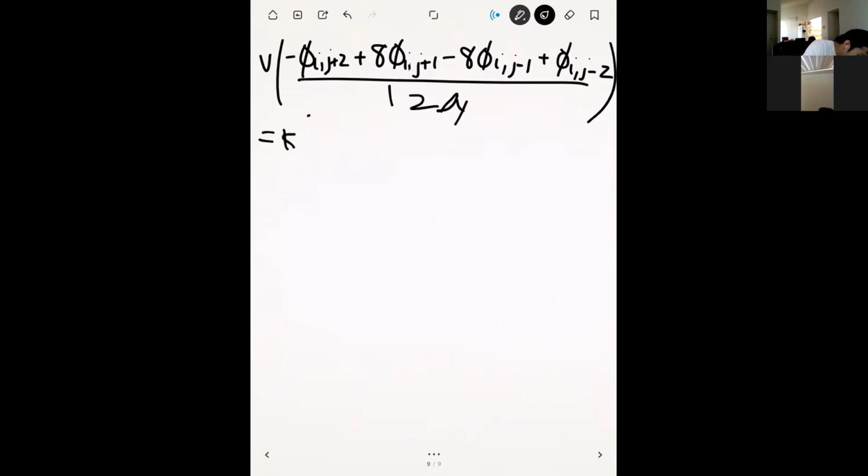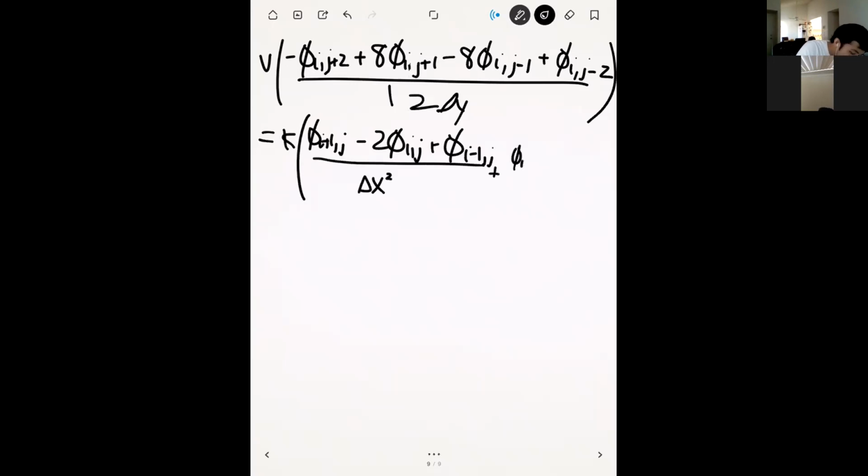We have k on the outside, and then phi i plus 1, j minus 2 phi i, j plus phi i minus 1, j, all divided by delta x squared, plus phi i, j plus 1 minus 2 phi i, j plus phi i, j minus 1, all divided by delta y squared.